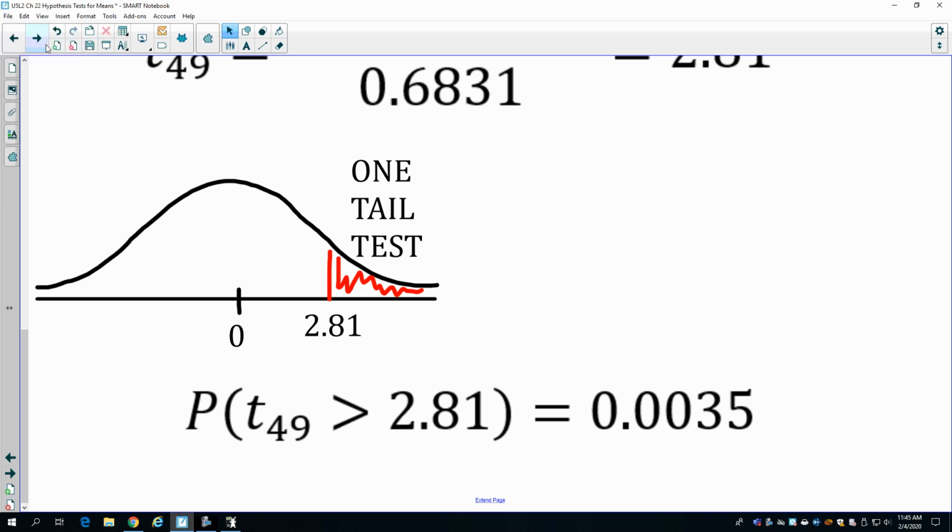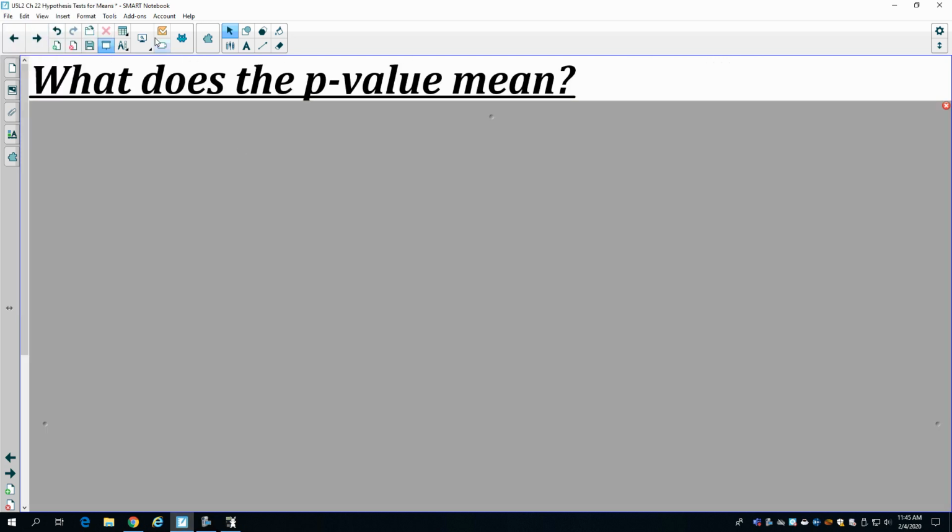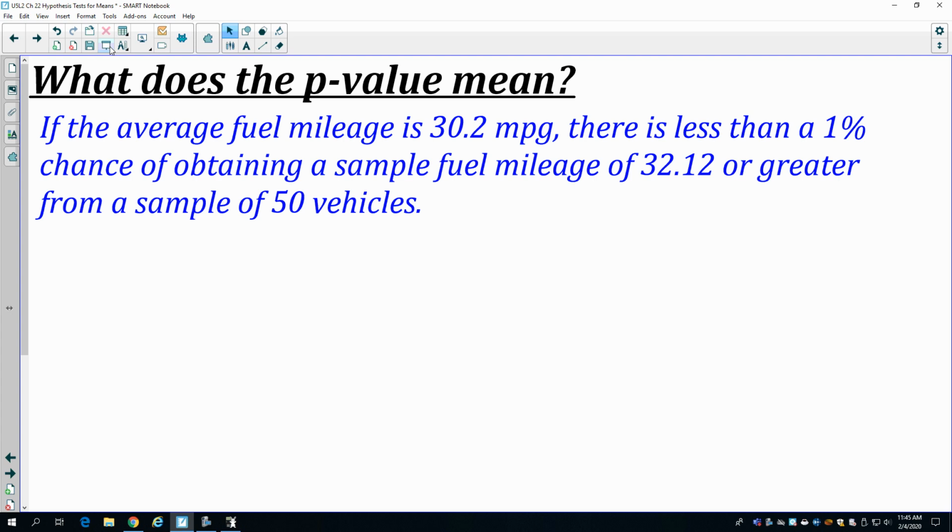Just like when we were talking about proportions, what that means is that if the null hypothesis was actually true, remember, when we're doing a hypothesis test, we're presuming that the null hypothesis is true. So if the mileage of this fleet is really equal to 30.2, then we'd have less than a 1% chance of getting the sample results that we did.